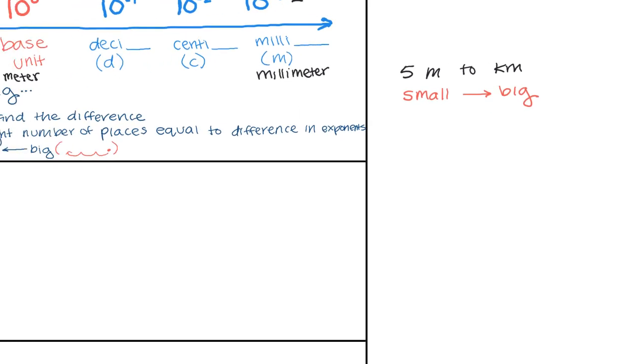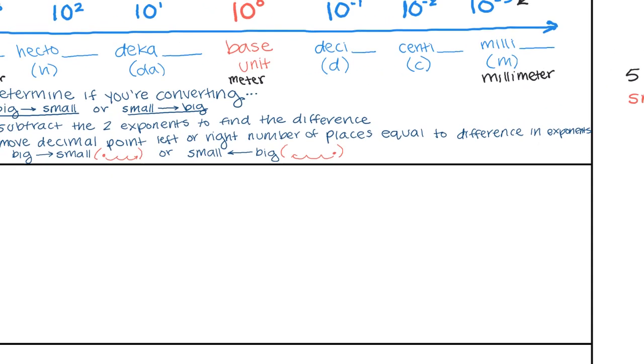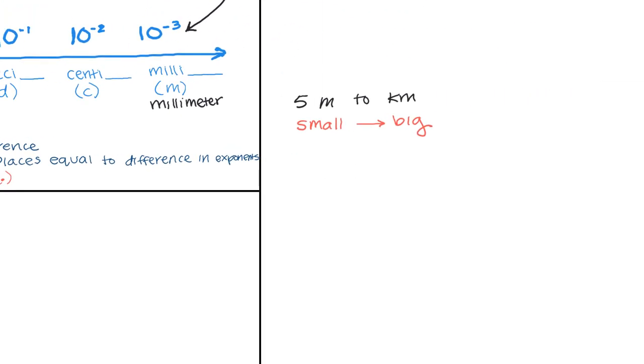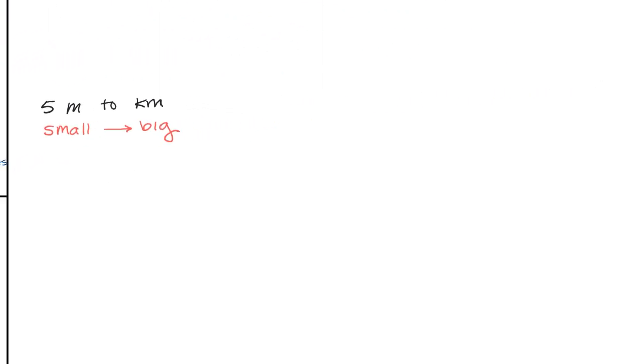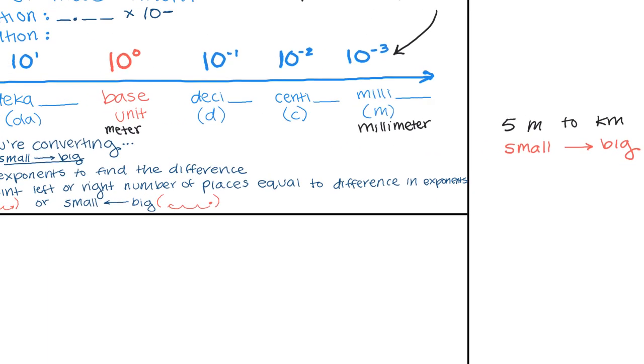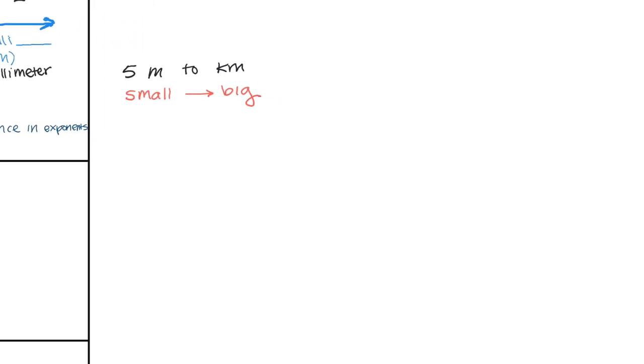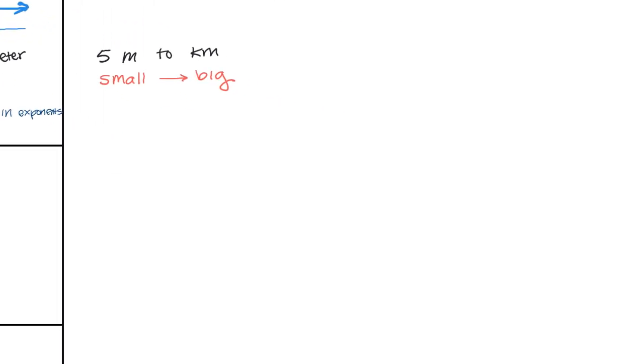Now let's look at our second step over here. Our second step is to subtract the two exponents to find the difference. So if we have our exponents here, right, we're starting with our smaller unit of meters, which is our base unit. That exponent right there is going to be 10 to the 0th power.